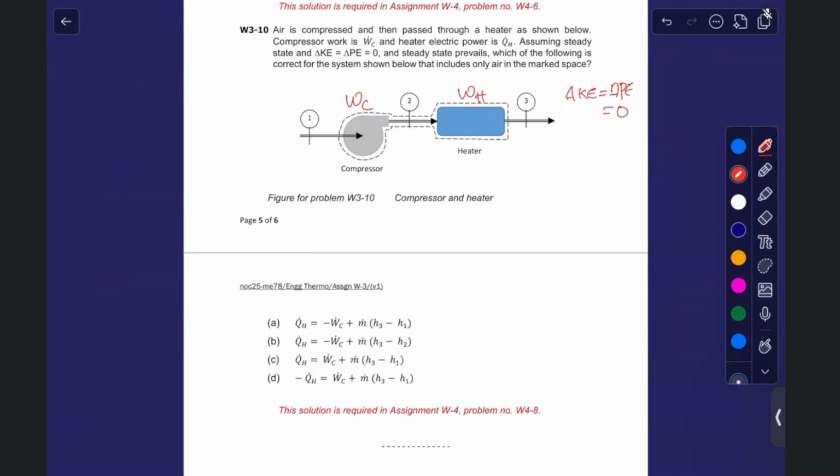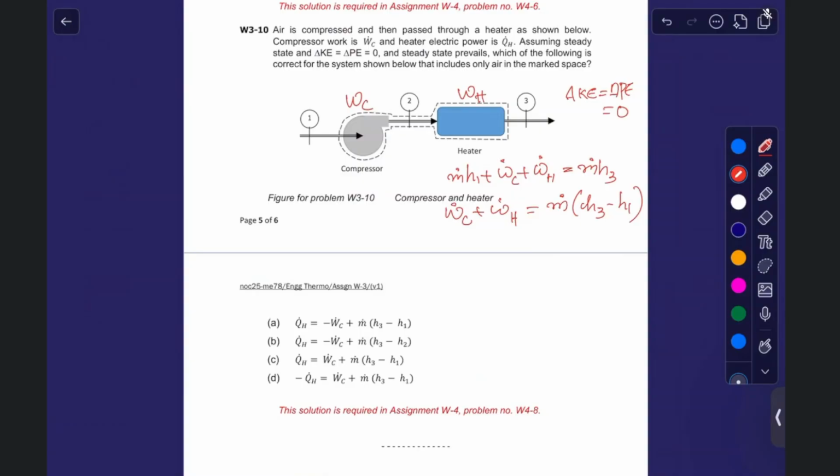So we have to write the equation for the whole system. M dot H1, the inlet enthalpy, plus WC, the work of compressor, plus WH, the work of heater, equal to the outlet enthalpy. This is the equation, right? KE, PE, everything is gone. Q is not there. Rearranging, we get WC plus WH equal to M dot times H3 minus H1.